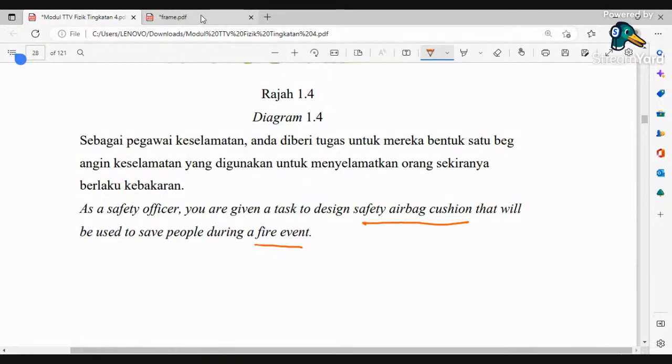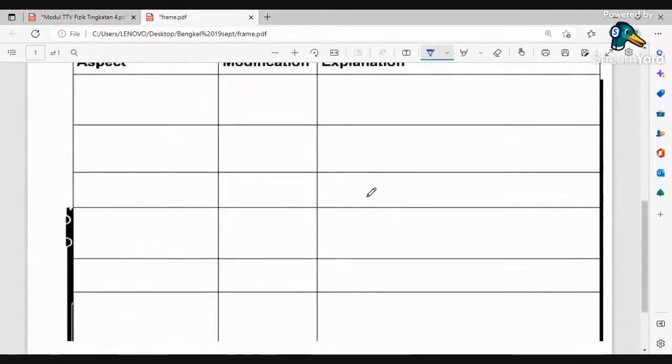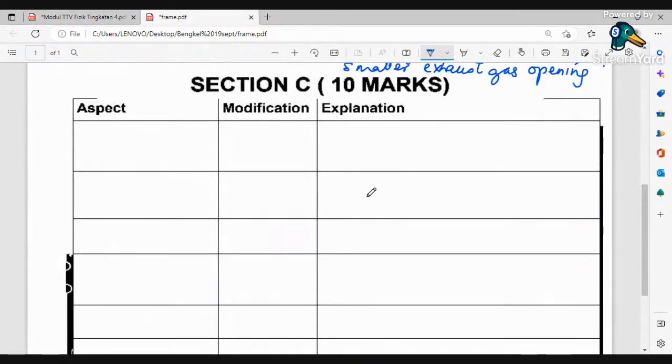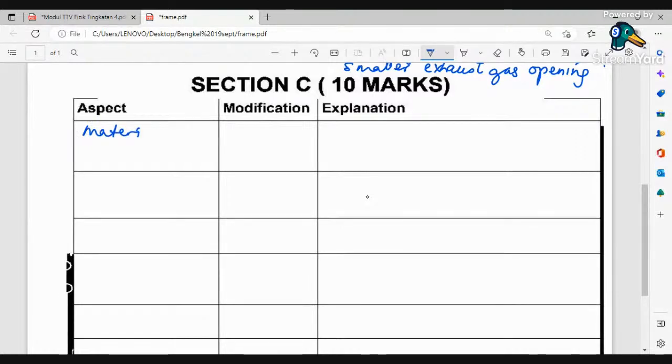Okay, kita cuba tulis dalam bentuk table untuk soalan ni. Section C. Okay, find the aspect dulu. Apa aspek? Okay, pertama maybe kita discuss about material airbag cushion.